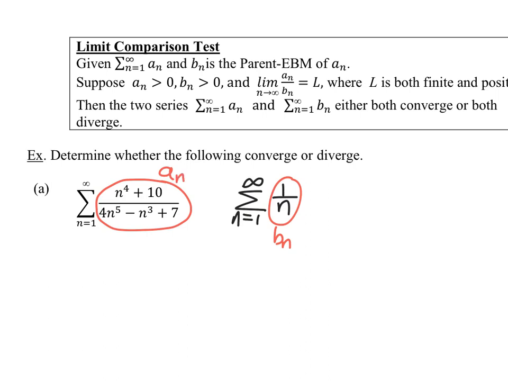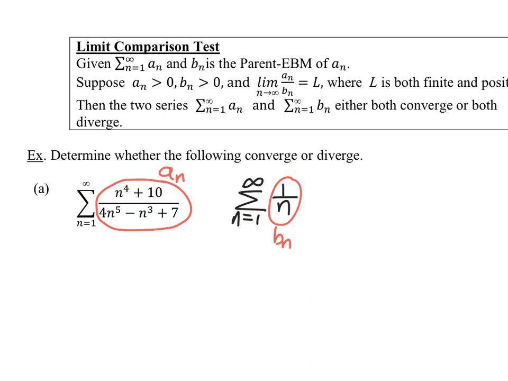So, a couple of things I can do to get started. One of which has to do with the b sub n. That's usually the easy thing to do: make a determination of whether that converges or diverges. When it says the two series will either converge or diverge, you're like, okay, cool, how do I know which one it is?